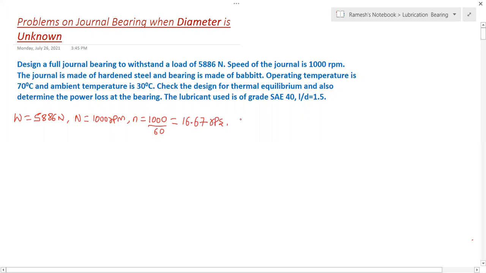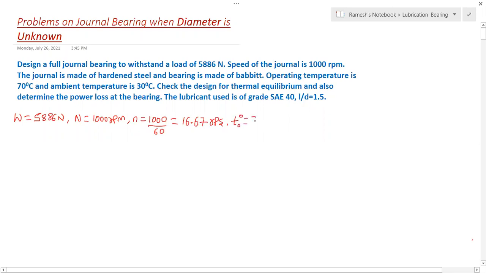The journal is made of hardened steel and the bearing is made of babbitt. The operating temperature is 70 degrees Celsius. Operating temperature, I will take it as T naught.